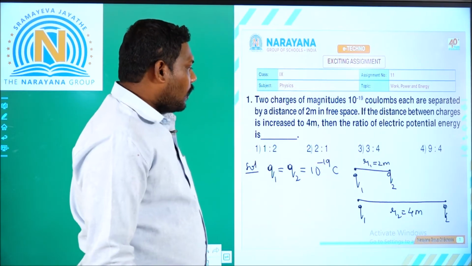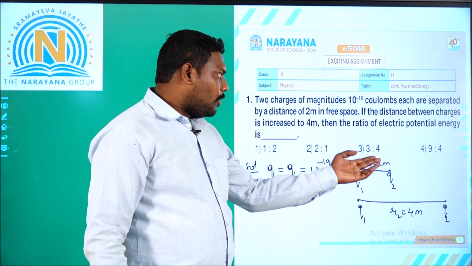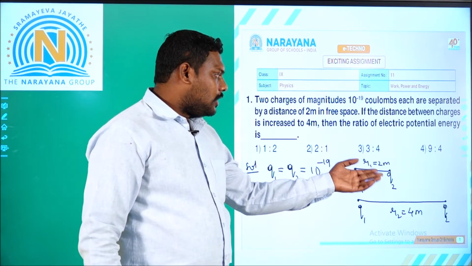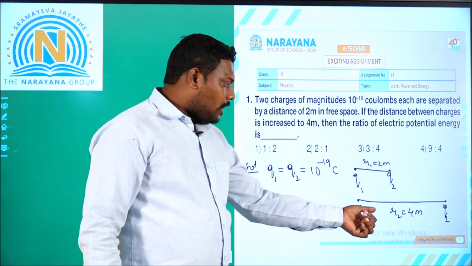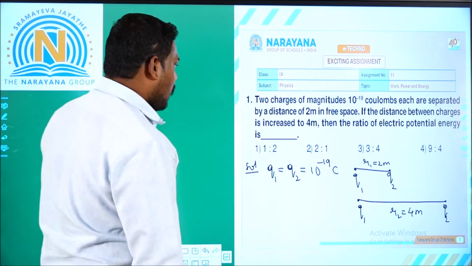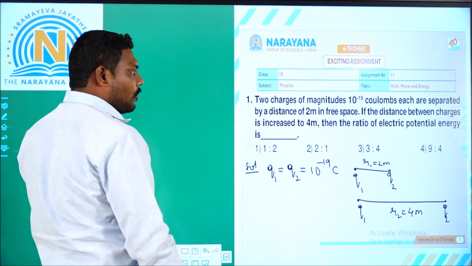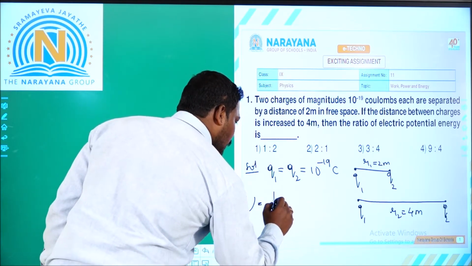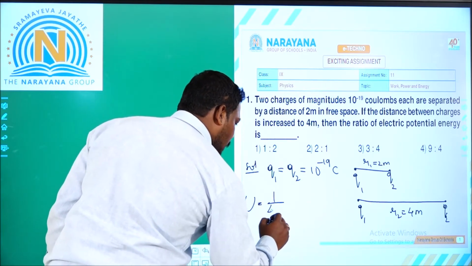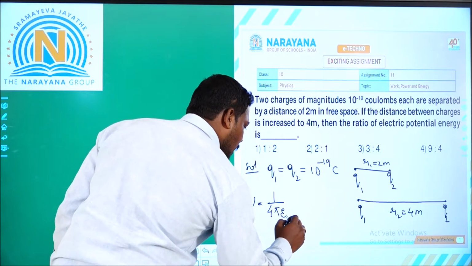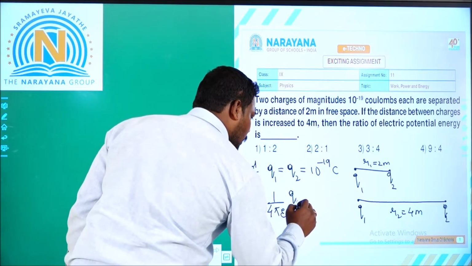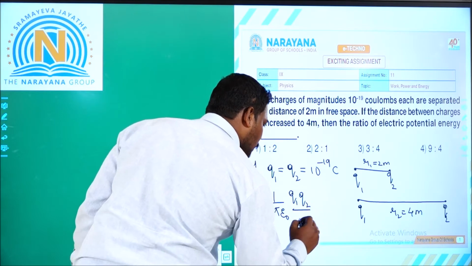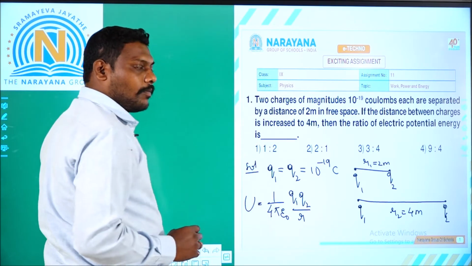So, now we need to find the ratio of the electric potential energies when compared in the first instant and in the second instant, right? Now, for finding the ratio of potential energy, the potential energy U is equal to the electric potential energy, 1 by 4 pi epsilon naught into Q1 Q2 by R, okay?